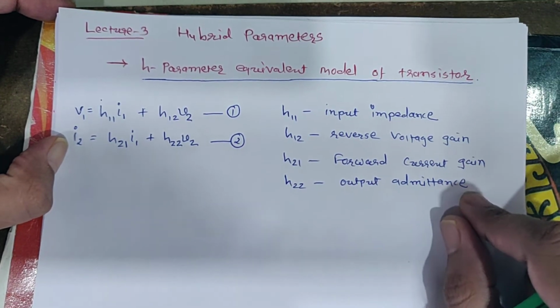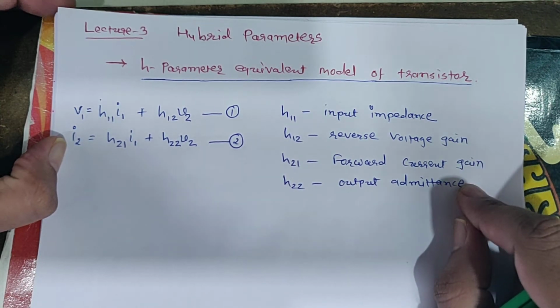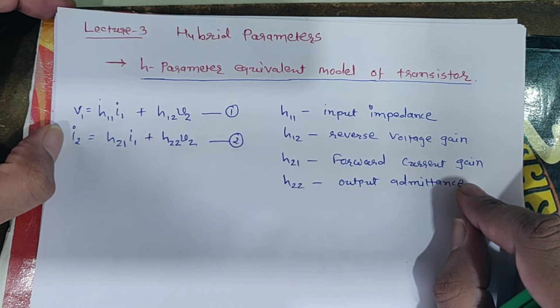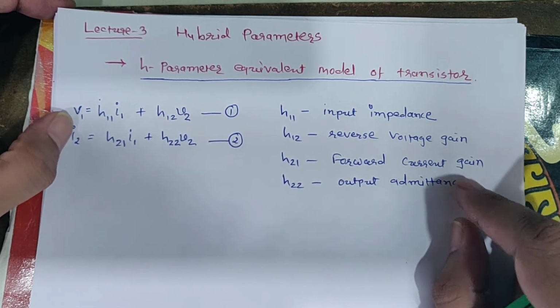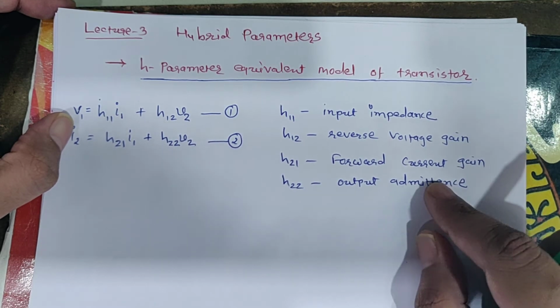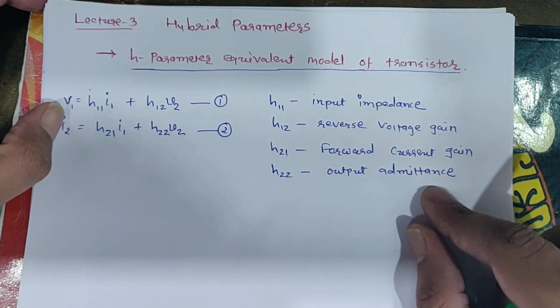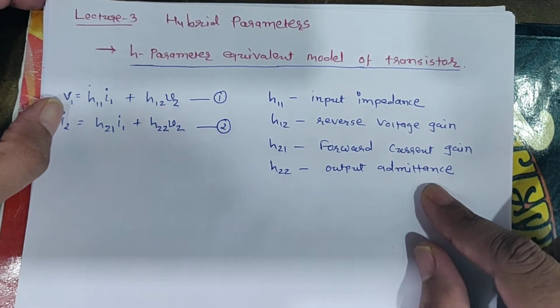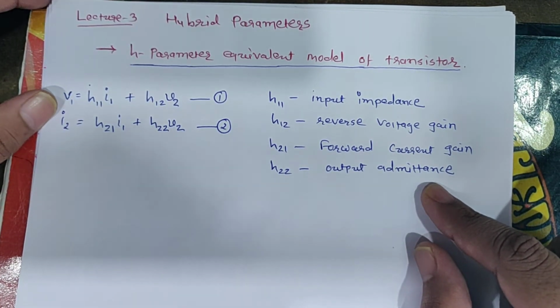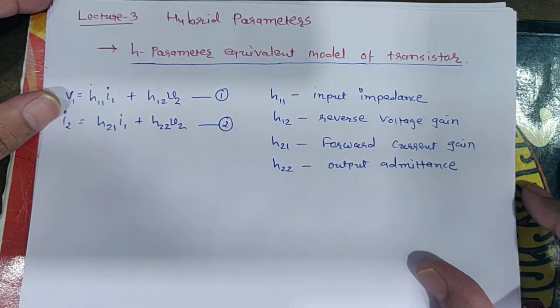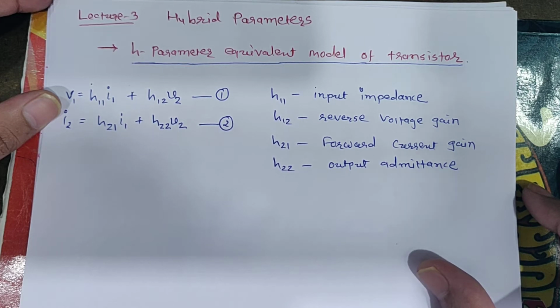For summary, I have written the name of each parameter. H11 is input impedance, H12 is reverse voltage gain, H21 is forward current gain, and H22 is output admittance. Now we are going to draw the equivalent H parameter model of a transistor.